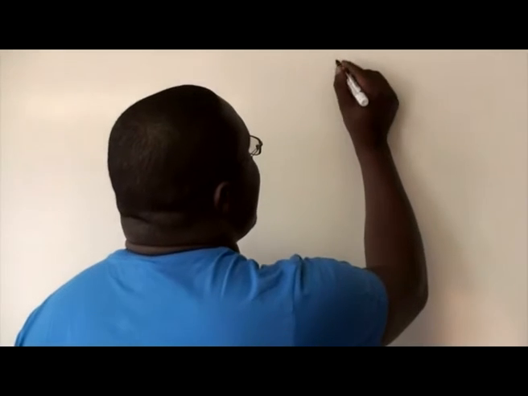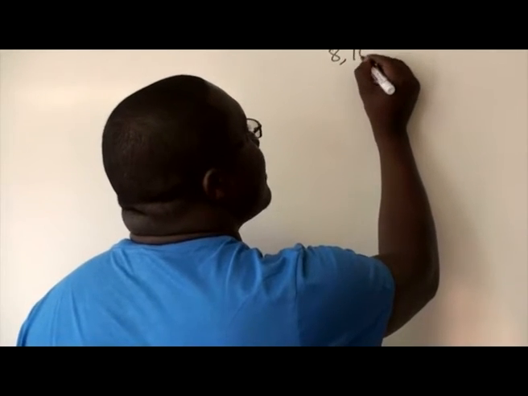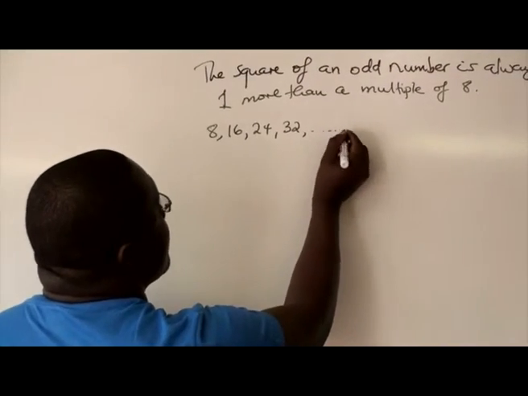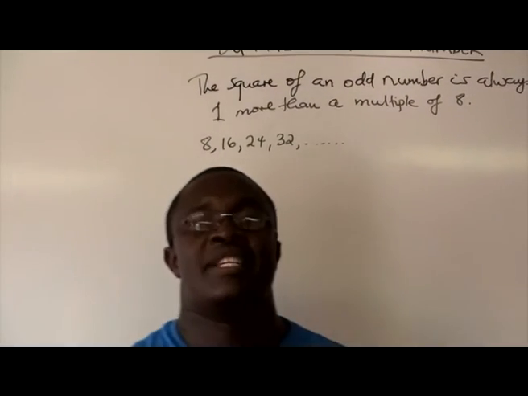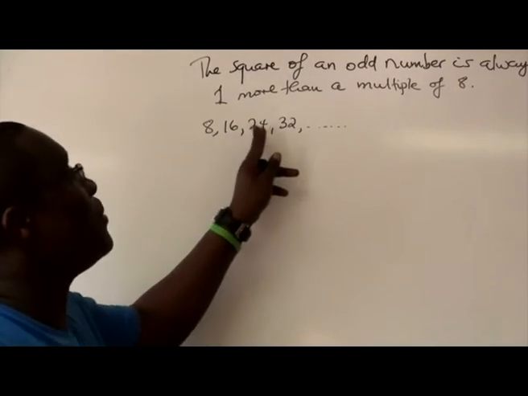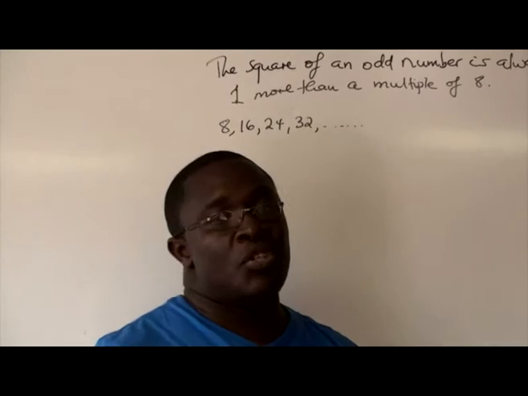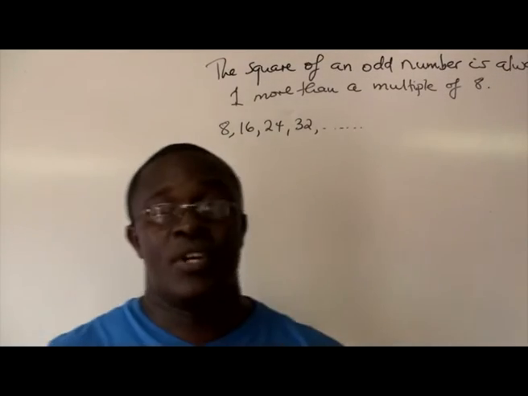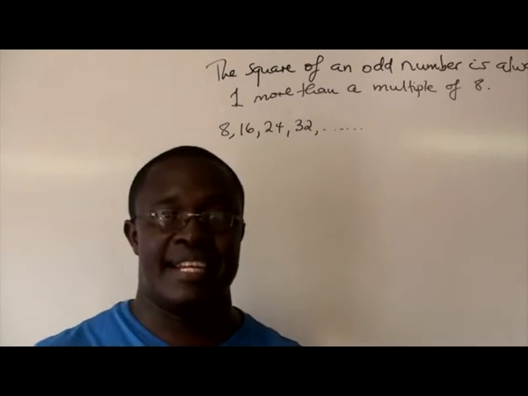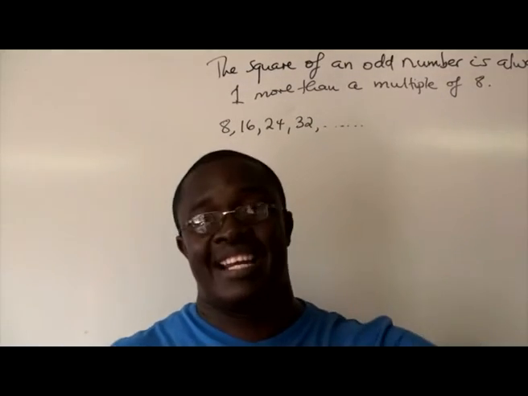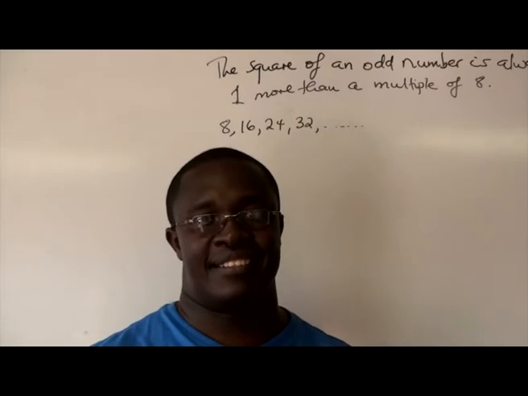So, what are the multiples of 8? If you look at it, it's 8, 16, 24, 32, and like that. So that means that 8 times 1, 8 times 2, 8 times 3, 8 times 4, 8 times 5, and so on and so forth. So we're saying that given any odd number, and you square that number, it's always going to be one more than a multiple of 8.